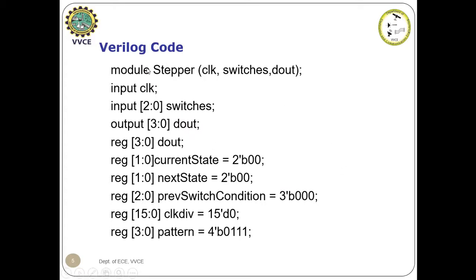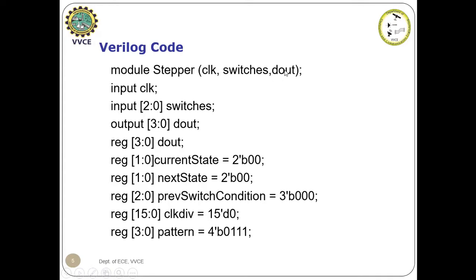Every Verilog code should have a module and correspondingly an endmodule, and within that we have to write the functionality. Here the module name is stepper, and the inputs to my stepper motor module are clock and switches, and the output is dout.